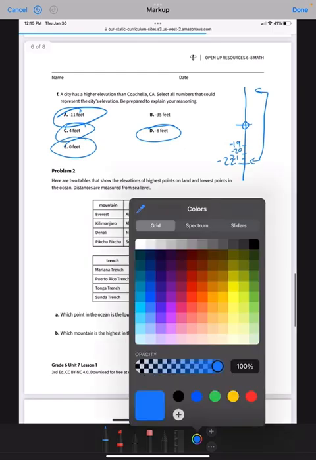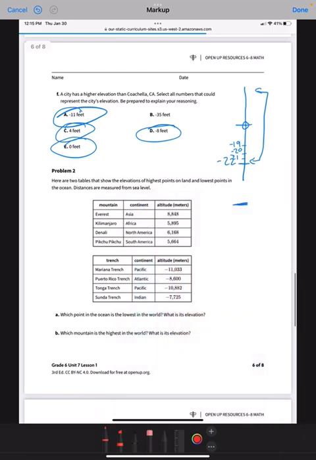The only thing I want you to keep your eye on is that the lowest number is going to be the greatest number with a negative sign. And that's because it's the furthest down. The more the number is higher, the further away it is from 0 when it comes to negatives.